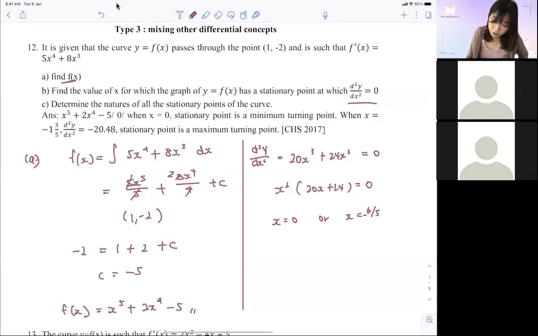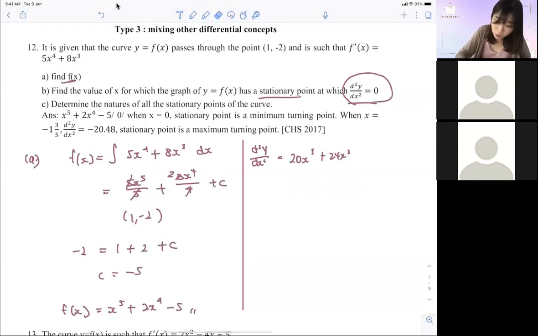Minus 6 over 5, sorry. But it has to be a stationary point whereby d square y dx square equals 0. Sorry, I said wrongly. This is your d square y dx square. It must be a stationary point. So that means dy over dx must equal 0.